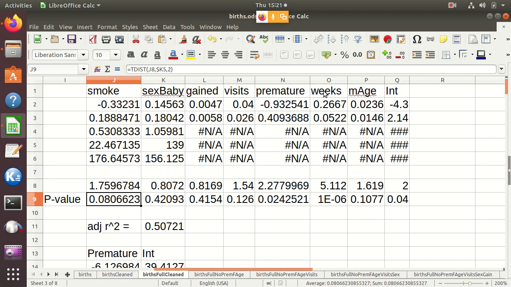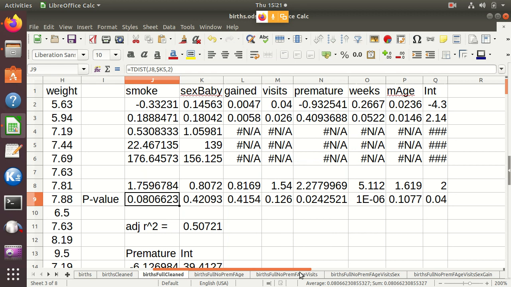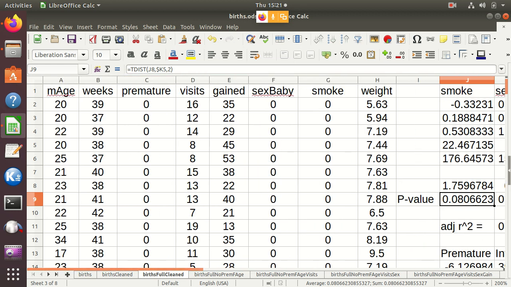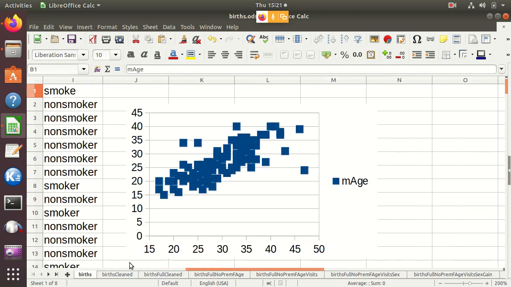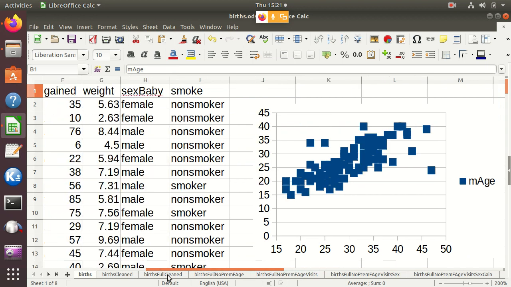Okay, so I ran that, getting rid of the father's age, and what I'm interested in, again, is the question of does smoking seem to have some association with the birth weight? And I glossed over something else here. So, again, notice the raw data.